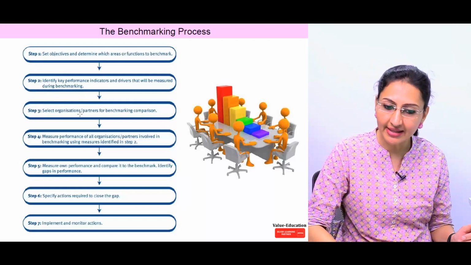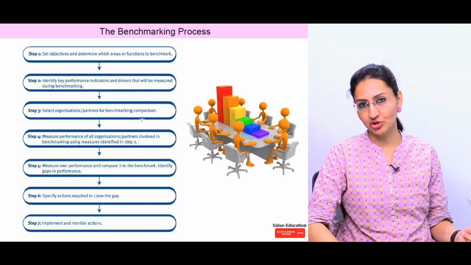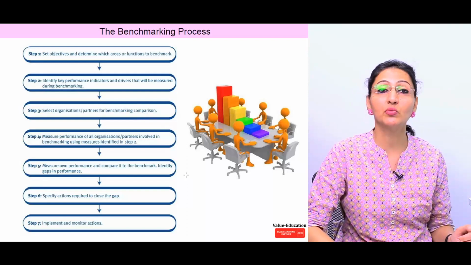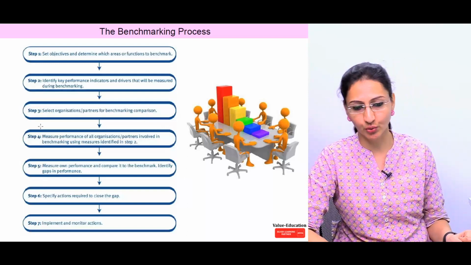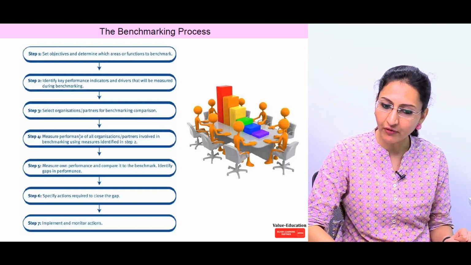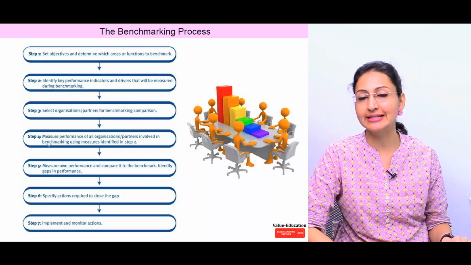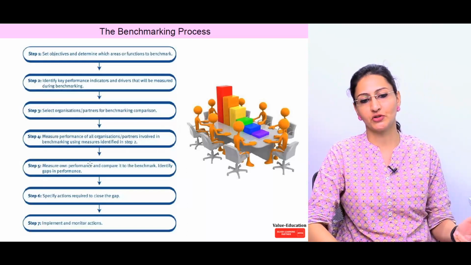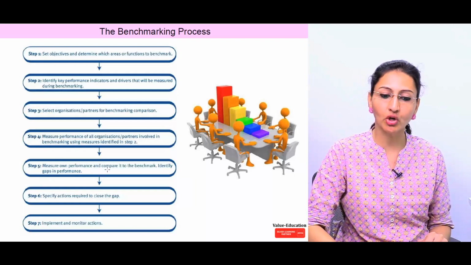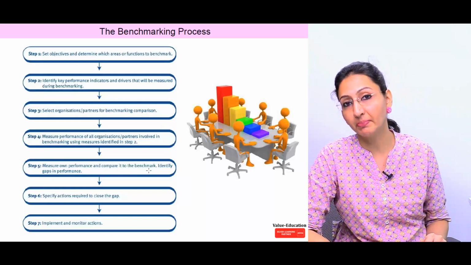Step 3. Select the partners for benchmarking comparison. That means which type of benchmarking you would like to do. Step 4. Measure the performance of all organizations involved in the benchmarking process. Step 5. Measure your own performance and compare it to the benchmark.